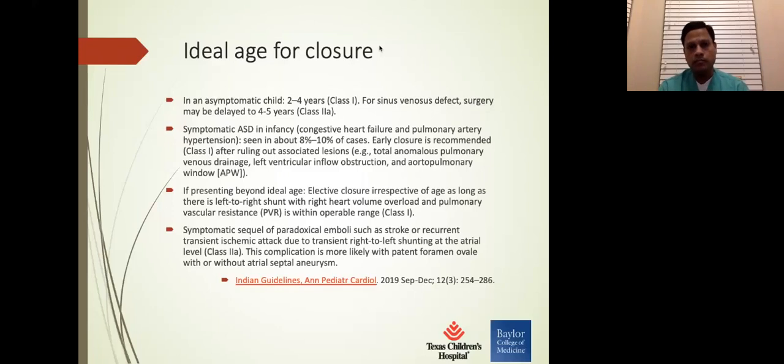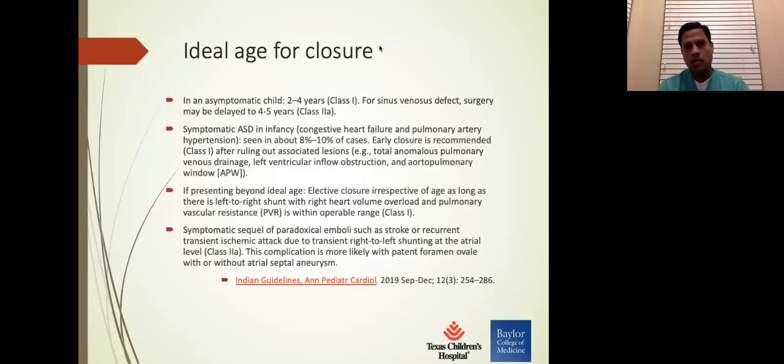Usually, if the ASD closure is done in infancy, it is a surgical closure, but ASD closure can be done in the cath lab in children as small as 5 or 6 kilos.